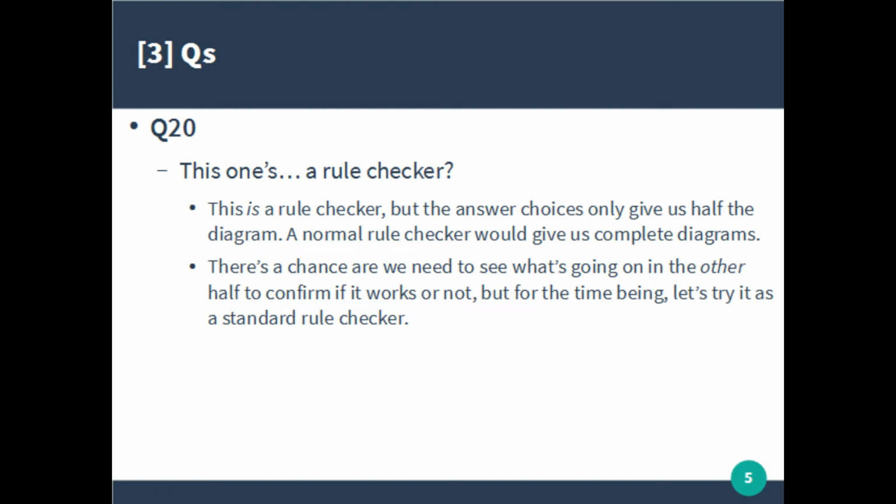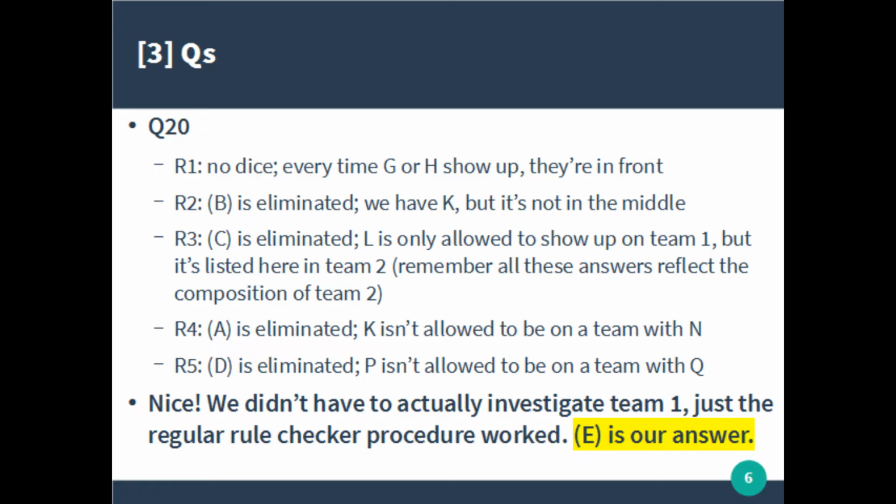But for the time being, since the question itself is structured as a regular rule checker, I'm going to see if we luck out and if the rules will eliminate even just these half pictures that these answer choices are given as. So starting right up with rule number 1 in usual rule checker fashion, rule 1 doesn't actually help us here, because in each of these answer choices, anytime G or H shows up, they're in the front slot, so rule 1 on its face doesn't get rid of anything.